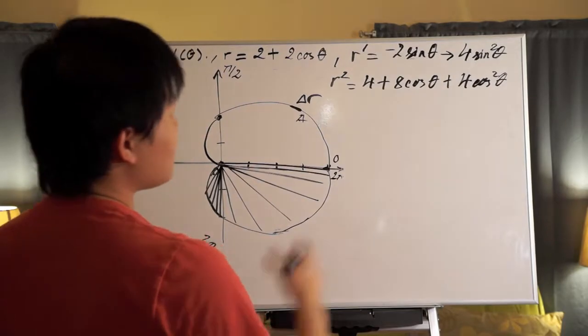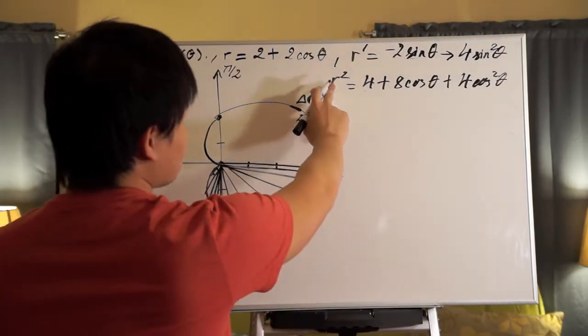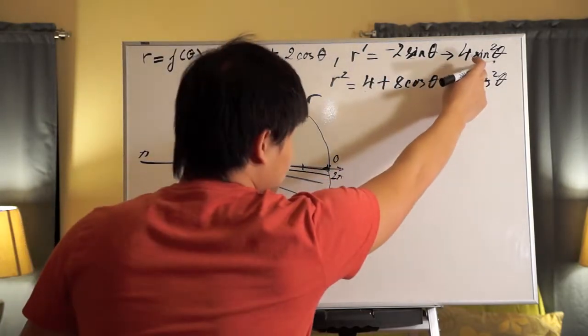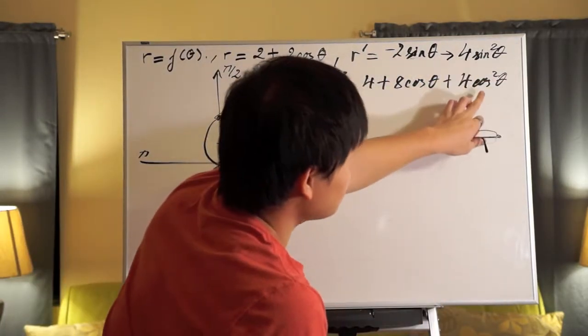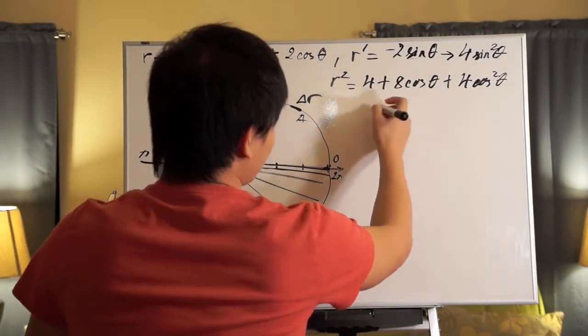Alright, so we go ahead and do it right away. We don't have to set it in the integral anymore. So r squared plus r prime squared, well, you know that sine squared plus cosine squared is just 1. So we have 4 plus 4, that's 8.